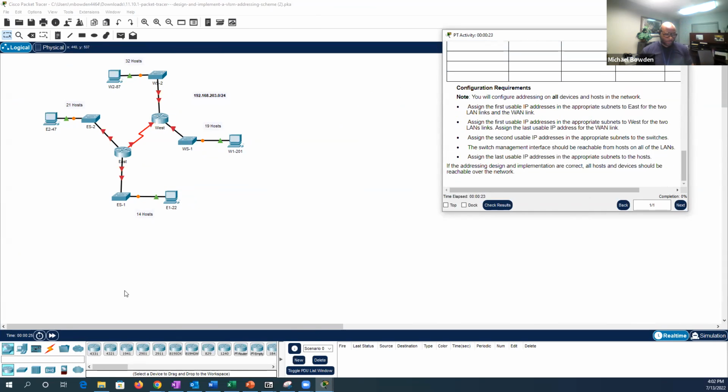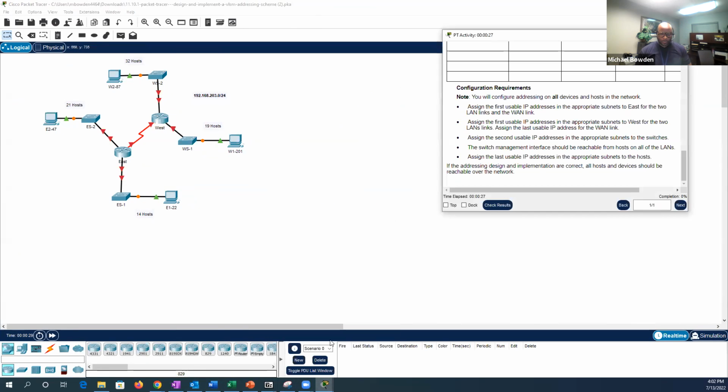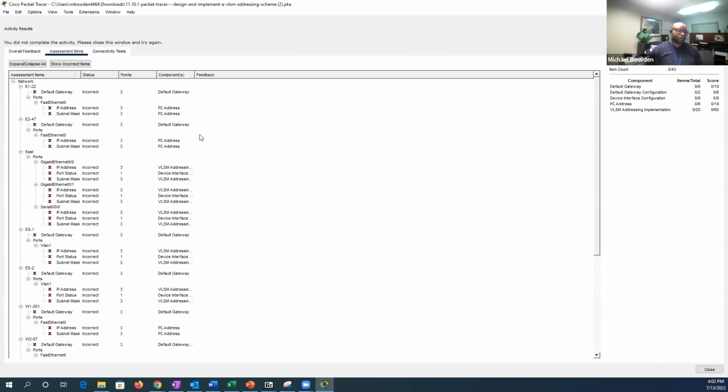But when you go into your check results, under your assessment items, when you configure everything and address the devices according to the descriptions, you'll notice that it may not be taking your IP address on the router.